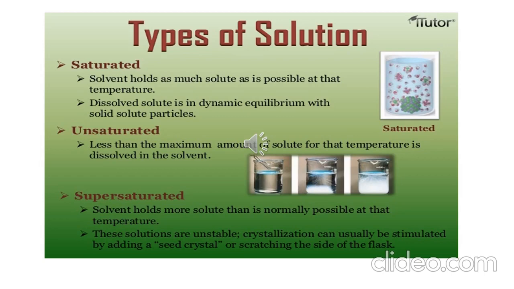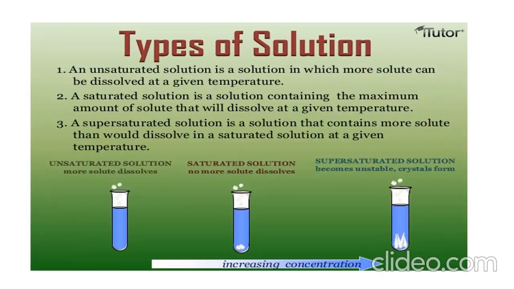If the solute amount is less than the solubility, then it is called unsaturated solution. If the amount of the solute is more than the solubility, then it is called supersaturated solution.